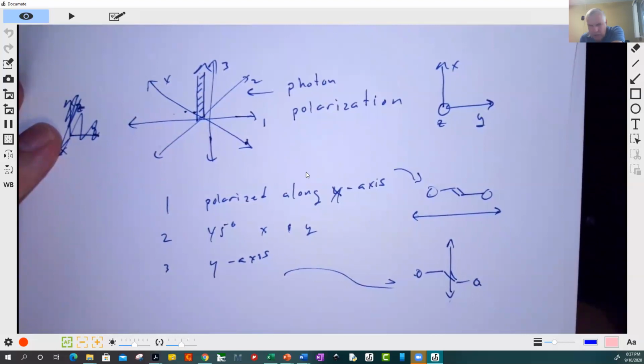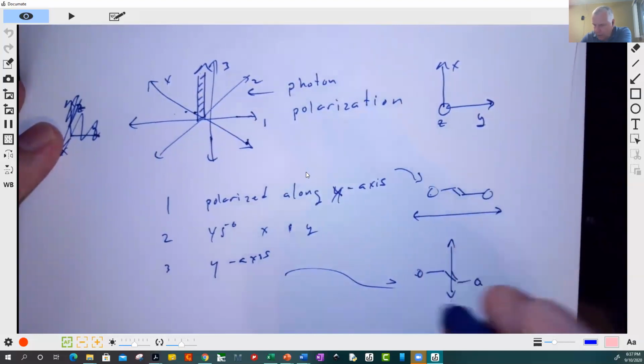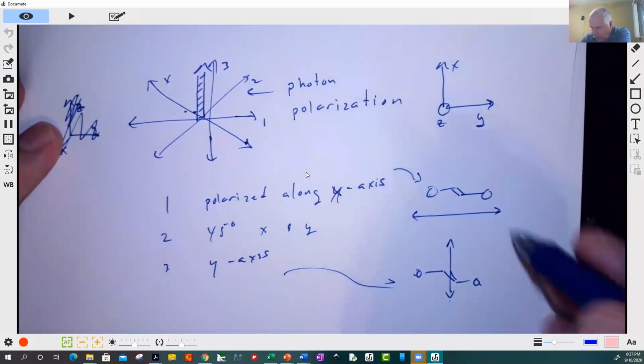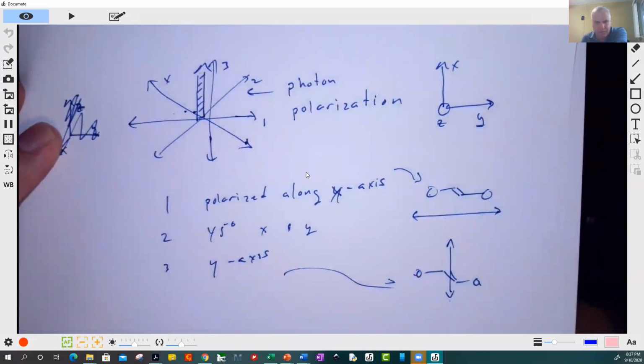Because light has a direction, right? And if we oriented the molecule such that the molecule were sticking in and out of the page, then light actually would never interact with that molecule to induce fluorescence. Right?